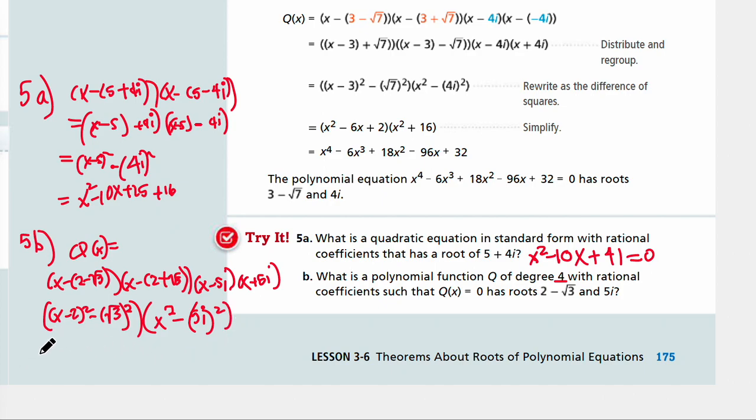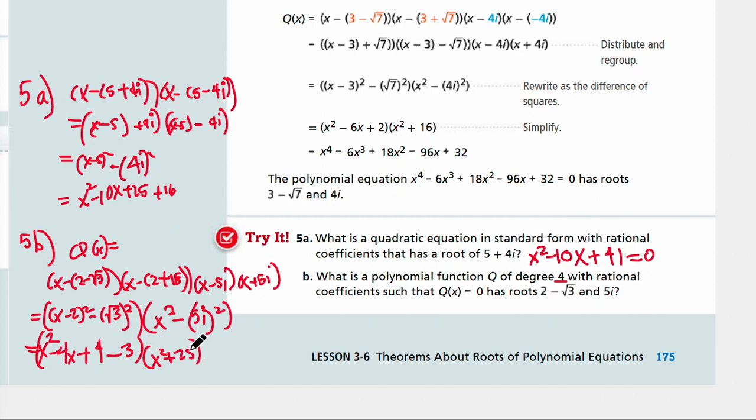Okay, and then you square them. x squared minus 4x plus 4, and then root 3 squared is 3, so minus 3, times x squared minus 25, but then it becomes plus 25 because of i squared.